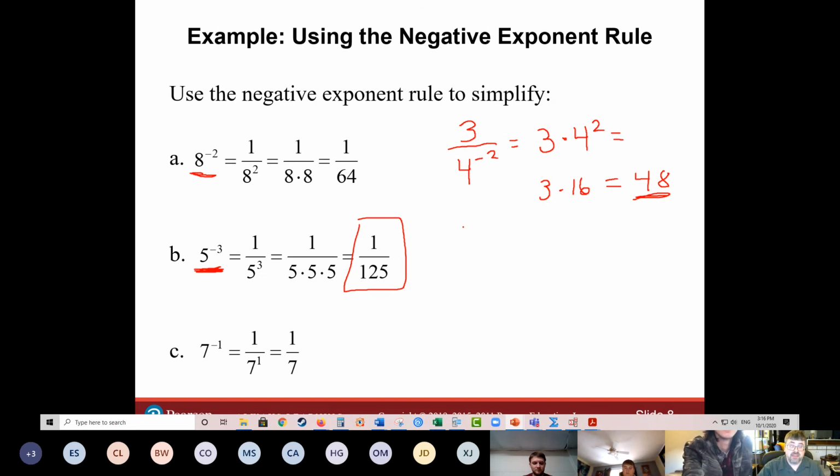Sometimes you're going to end up with a really large exponent, and then you can keep the exponent. So if I had 33 to the negative 15, your calculator probably can't handle that. You would write it as this, and you would keep it with an exponent.